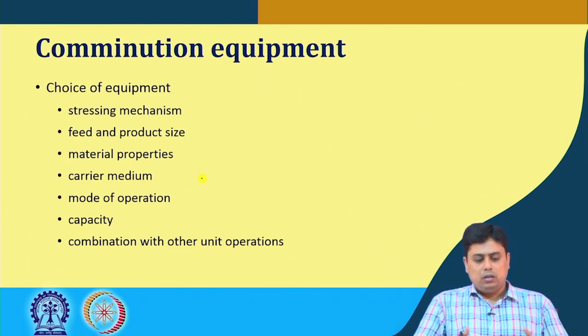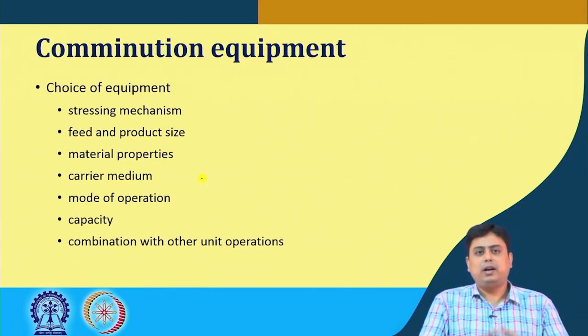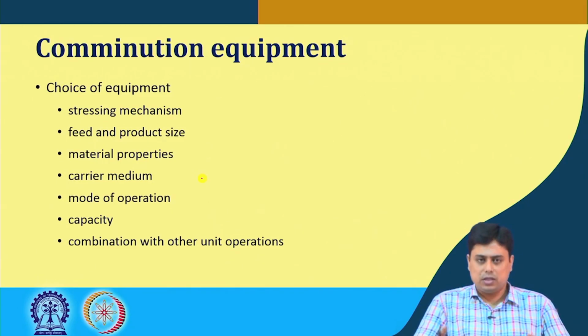Now, this stressing mechanism, we are stressing again and again on this particular point, because broadly the equipments work on one of such stresses or a combination of such stresses.